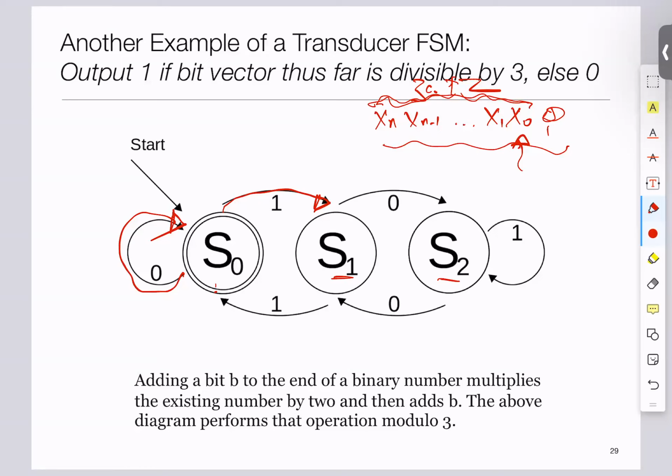So that's why you see it going to one state. And if it was a 1, it would be 6a plus 4 plus 1, and the modulo would be 2. So I kind of stay put out here.